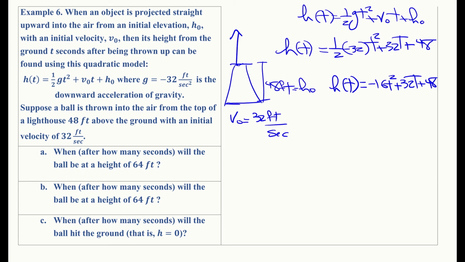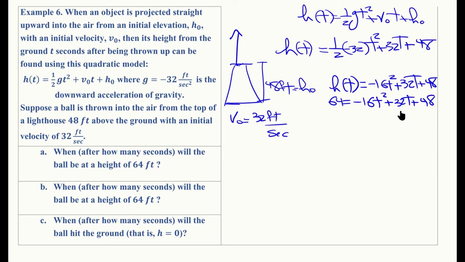All right, so after how many seconds will the ball be at a height of 64 feet? In other words, they're giving us the height, h of t. They want us to find t. So we just substitute 64. So we get 64 equals -16t squared plus 32t plus 48.